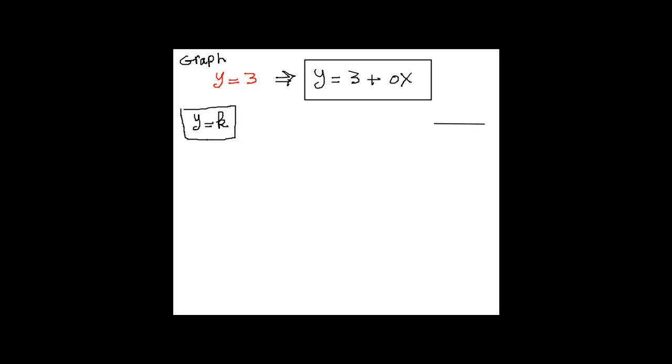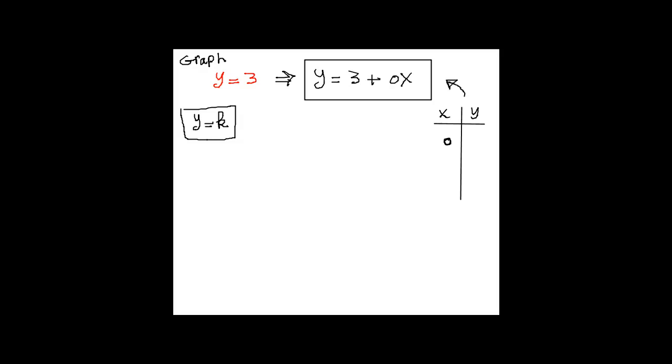Otherwise, it's a little confusing at first when one variable is missing. So when I make a chart like this to find a couple of points, I say, okay, if x is equal to 0, what is y?